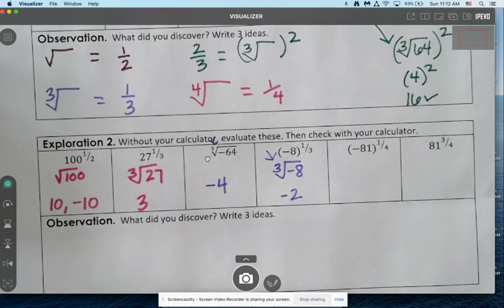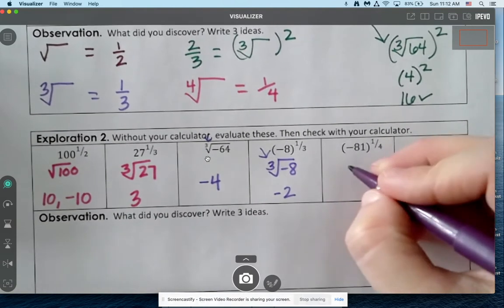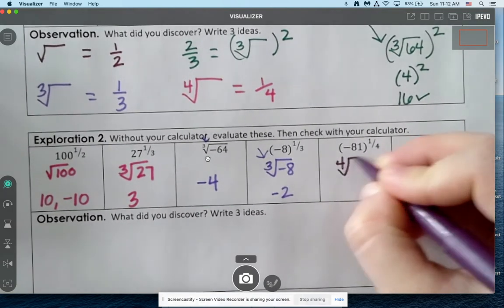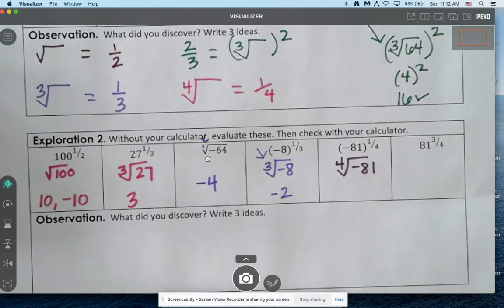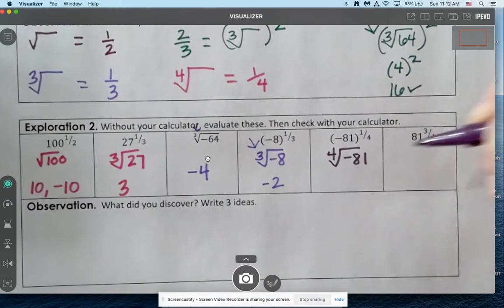All right, -81 to the 1/4 power. So this is what this one would look like as a radical. So in our brain, we should be thinking what number times itself 4 times equals -81. And this one's kind of tricky, because it's the negative right now.